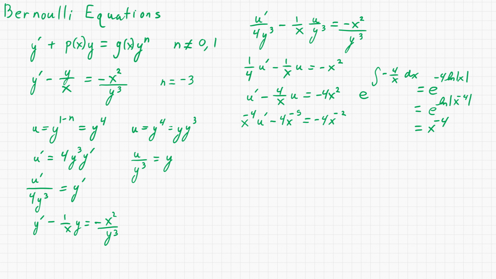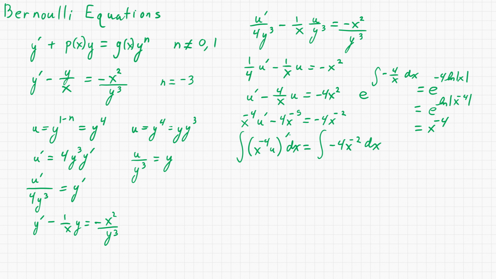All right, so now we can do reverse product rule. So here we've got x to the negative 4 times u, whole thing prime, equals negative 4x to the negative 2. Now we can integrate both sides with respect to x.